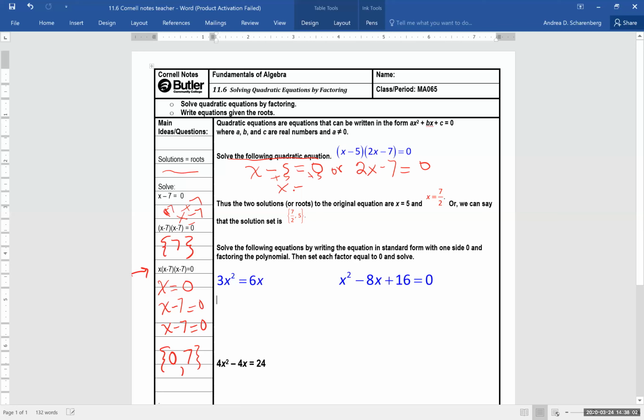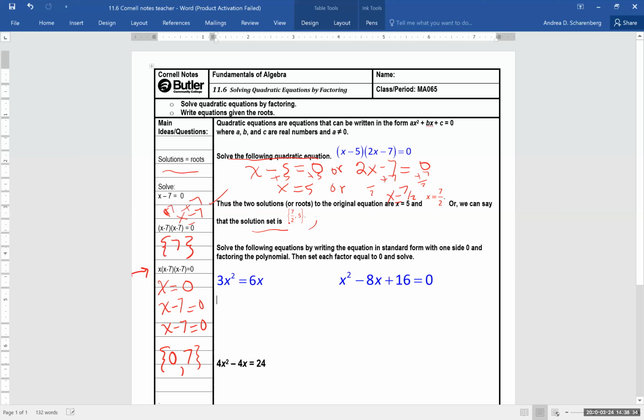So I have x equals 5. Or let me solve this one. I'm going to add 7 to both sides, and then I'm going to divide by 2. So what I have here is x is equal to 7 over 2. And sure enough, the two solutions, or roots, to the original equation are x equals 5 and x equals 7 over 2. Or we can say the solution set is 7 over 2 comma 5.